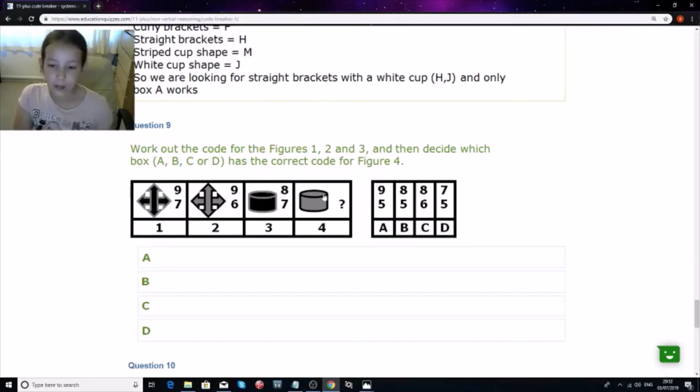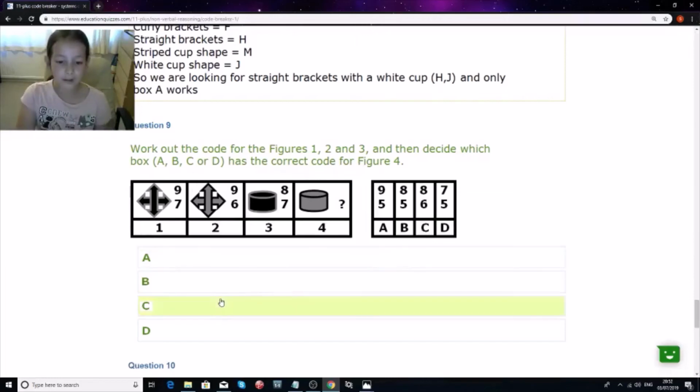So 8 must be the first number because this is a cylinder shape. So 7, these two both share 7. That is because they are black and have a grey outline. And 6 is grey with a black outline. So this is grey with a black outline, so this must be 8, 6, which is C.